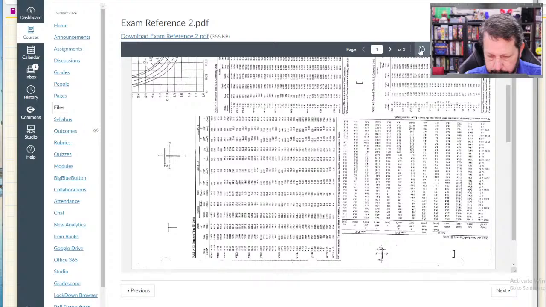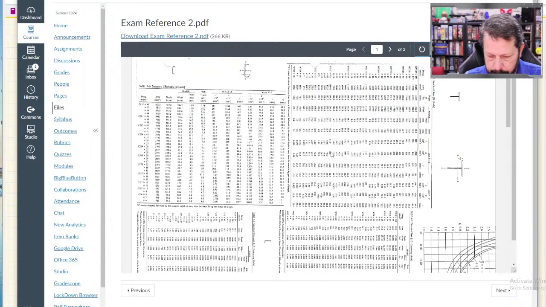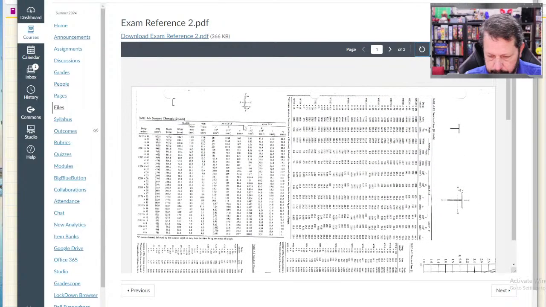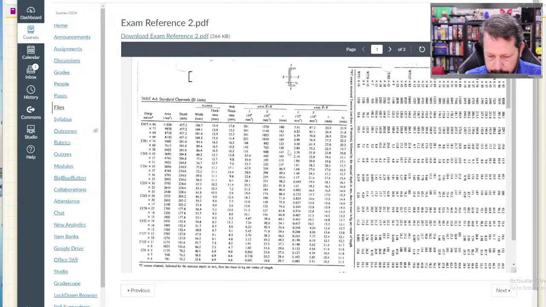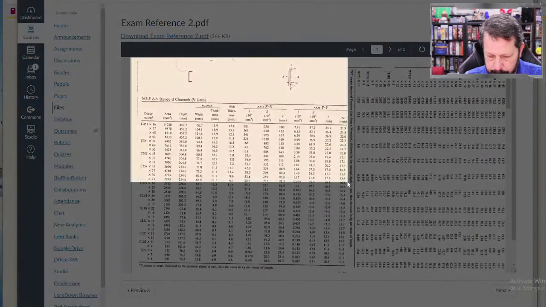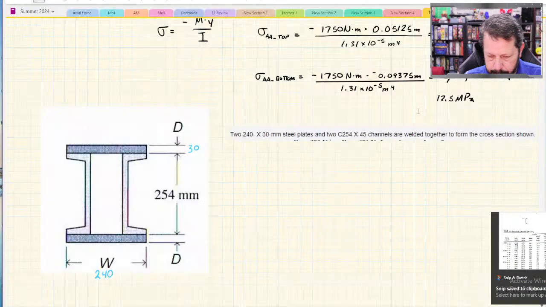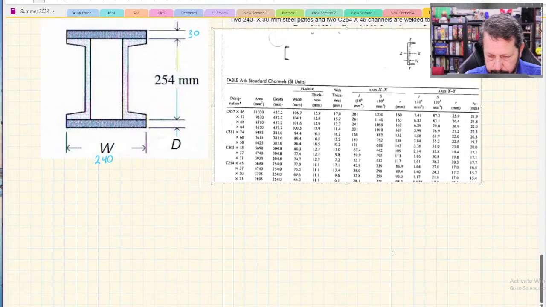It's upside down, so we need to rotate that. There it is. Let's zoom in on that. Let's copy this and see if we can make some sense out of it. I've lost the cursor. There we go. Now it's a little crooked, but let's see.